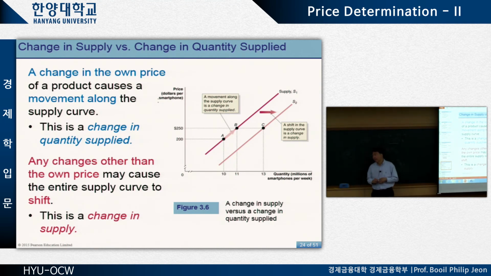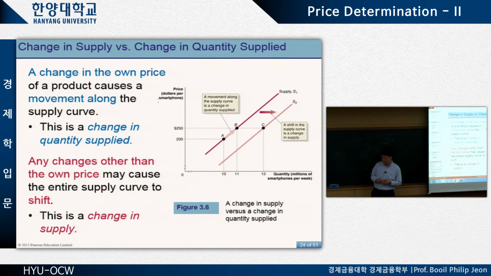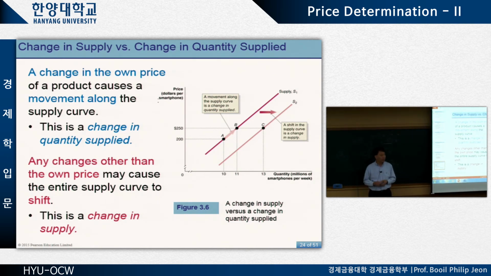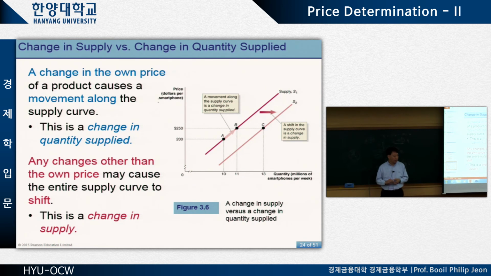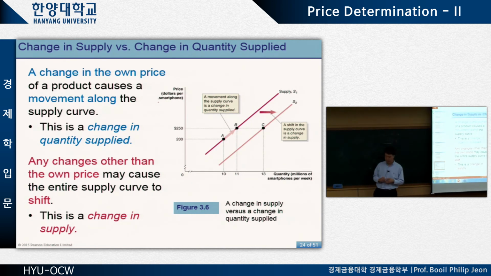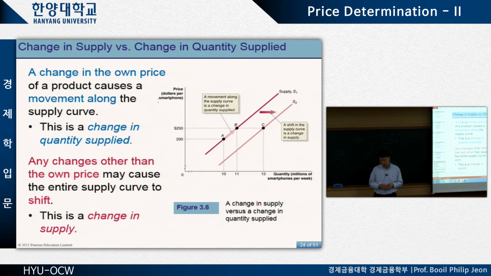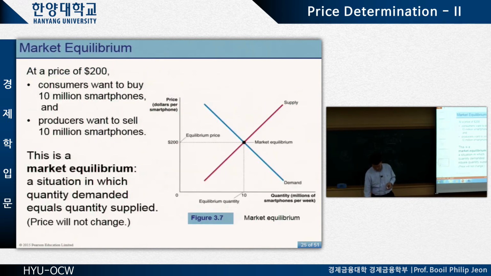If something other than the own price changes, like technology, input price, or number of firms, then the supply curve will shift. That's what we call a change in supply, an increase or decrease in supply. Make sure you understand this clearly, otherwise it will be very confusing when you do the analysis in the future, as we go on.